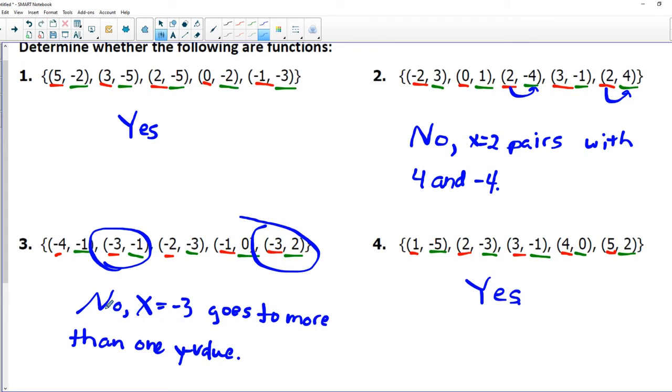For number 3, you can see that the x value of -3 goes to more than one y value. So that is a no for number 3. -3 pairs with -1, but it also pairs with 2. So that's not a function. Number 4 is a yes, because each x value is different. Therefore, there's no x value that's going to 2 different y values.